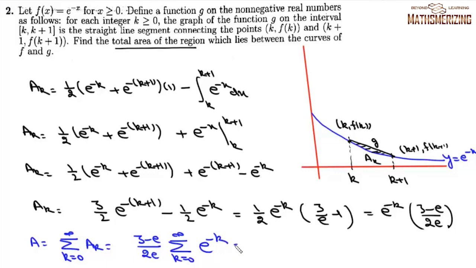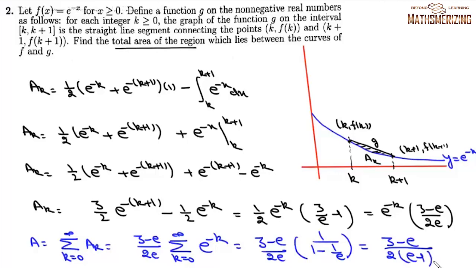Now this is nothing but a GP, so we can write this as (3 - e)/(2e) times a/(1 - r), and r in this case is 1/e. So e and e will cancel. So this area will be (3 - e)/(2(e - 1)). So the total area of this region, which lies between curves f and g, is (3 - e)/(2(e - 1)).